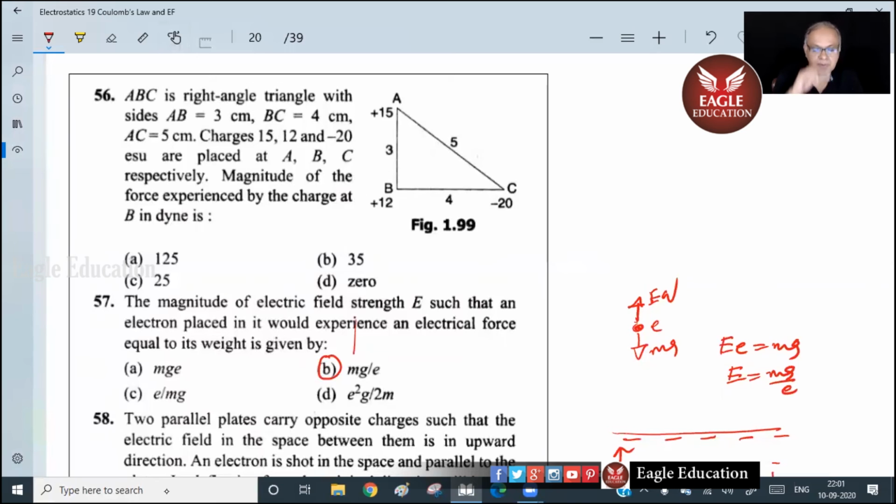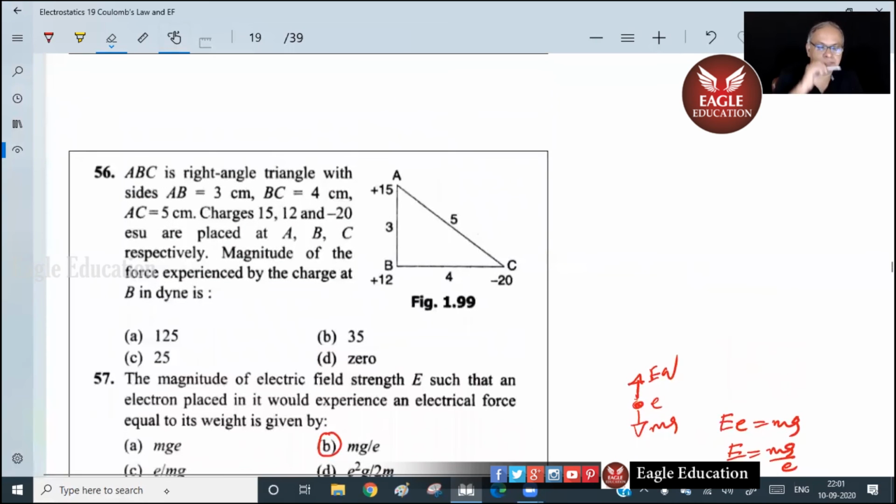So straight away you do the force experienced by the charge at B. So minus 20 will attract it. Plus 12 will repel it. So F1 equals K, which is 1 in the CGS system, 12 into 20, K Q1 Q2 by R square, 4 centimeter square, which is 16. So how much is this?